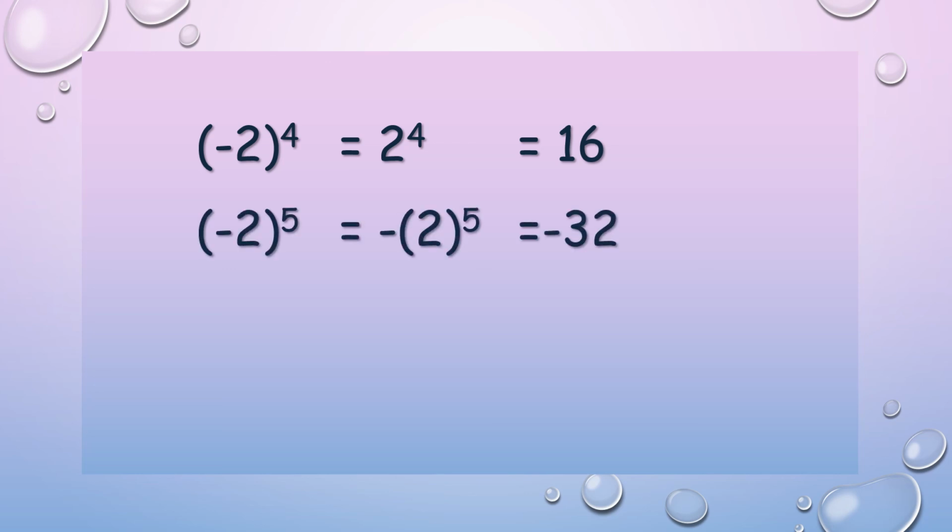Next one. Negative 2 to the power 5. So the index is 5. It is an odd number. When the power of a negative integer is an odd number, then the answer will be negative. Then you have to take the answer of 2 to the power 5.